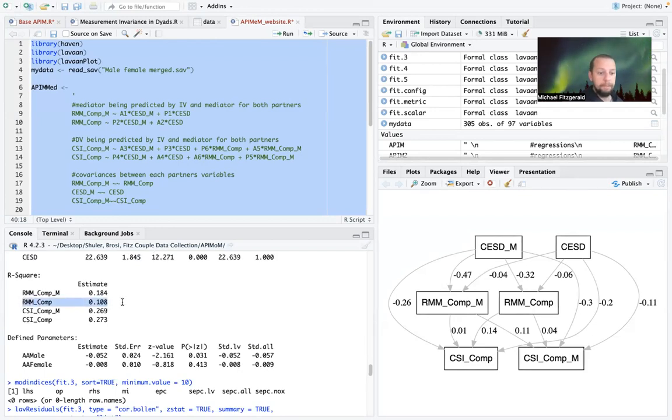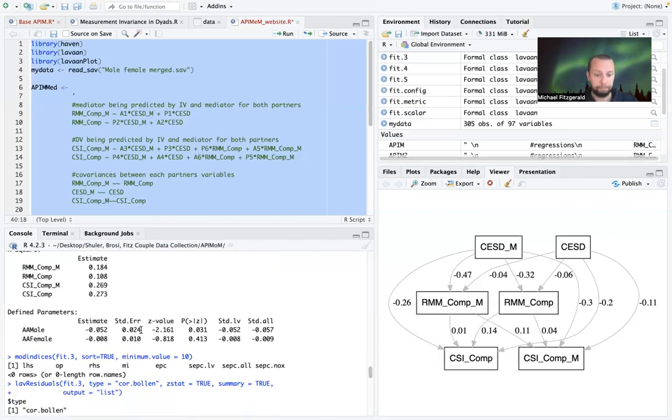And then we also have female relationship mindfulness, just under 11% of that variation among the women in our study. That 11% of that variation is accounted for by male and female depression. And then our model does, I'd say, a fairly decent job at accounting for relationship quality. So it's at 26.9% and 27.3% respectively, accounted for in male and female.